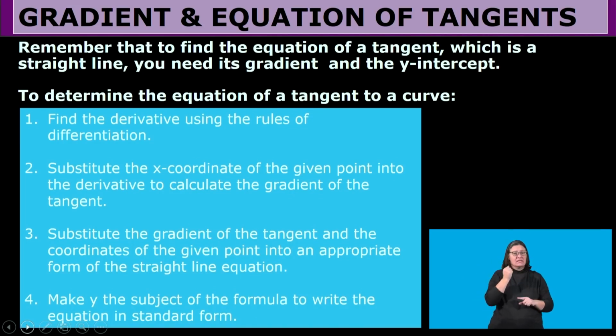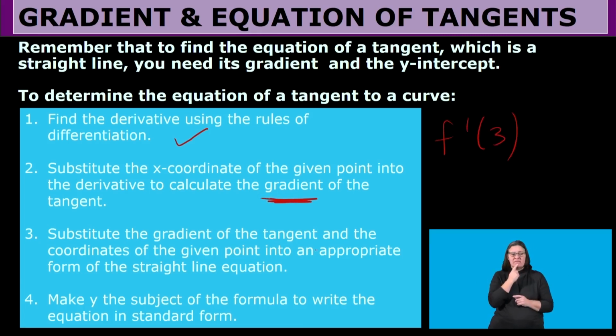To find the equation of a tangent, we find the derivative. How do we do that? We use the rules of differentiation. We are not going to be using first principles here. That's way too long. We want the quickest method, and that's using the rules. We substitute the x-coordinate of the given point to calculate the gradient. Okay, remember that's where we did the derivative at the point 3 in our example.